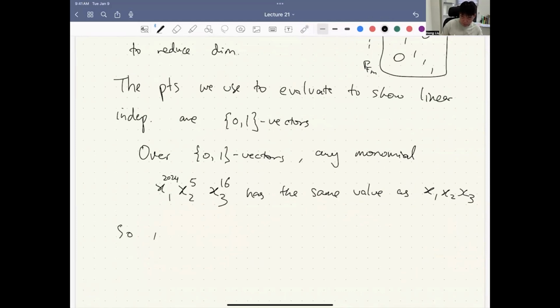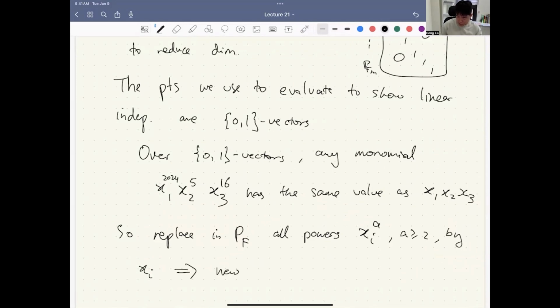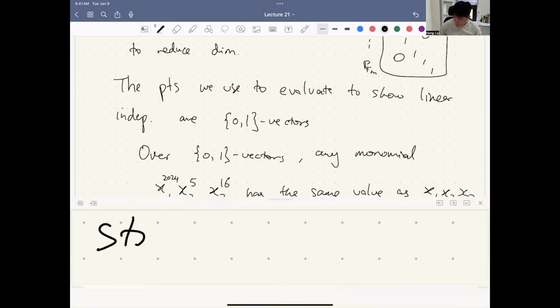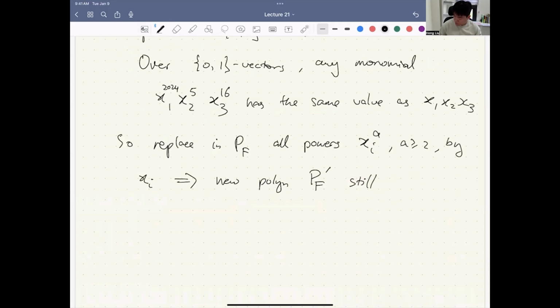So replace in P_F all powers xi to the a, with a at least 2, simply by xi, and we get new polynomials, P_F prime, still linearly independent. And those are the polynomials we are actually going to work with.